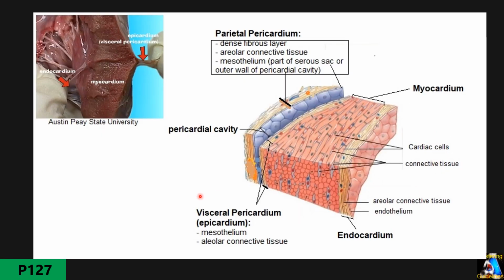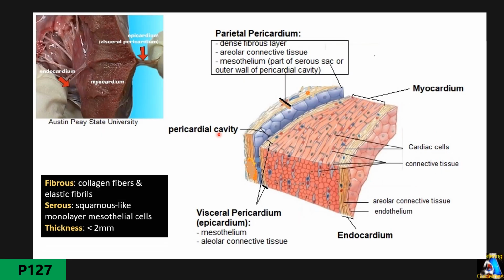Here we have a little more detail. As you can see here, we have the outer wall, and here we have the parietal layer of the serous pericardium and the inner layer of the serous pericardium that we call the epicardium.